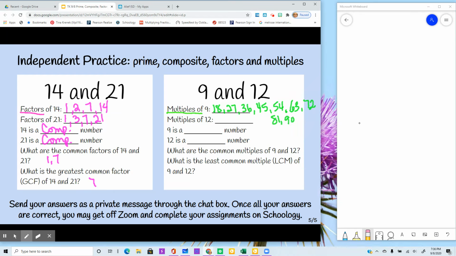Let me go to a different color since I'm running out of space here. Maybe I can stretch this a little.